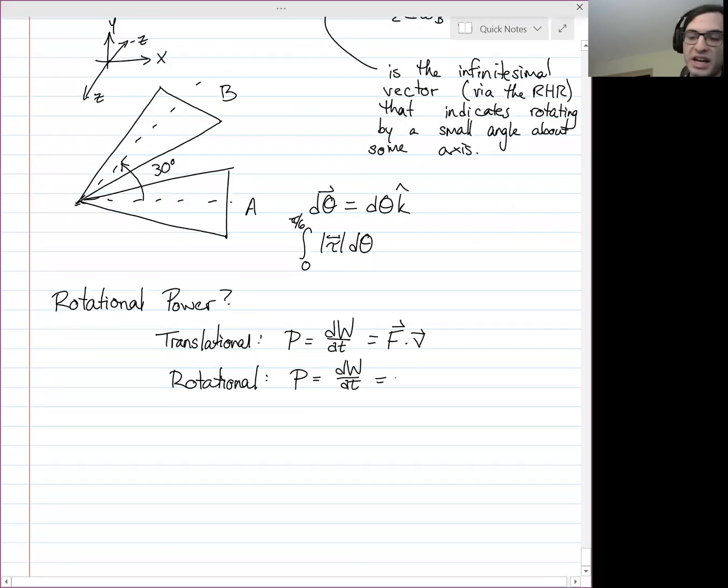Now it's tau dot omega. So all we did is we swapped force for torque and angular velocity for velocity, just as we normally do. Whenever you have some translational type equation, you can just make it rotational by swapping out all of the translational variables for rotational variables. Right. So this is how you can compute rotational power.